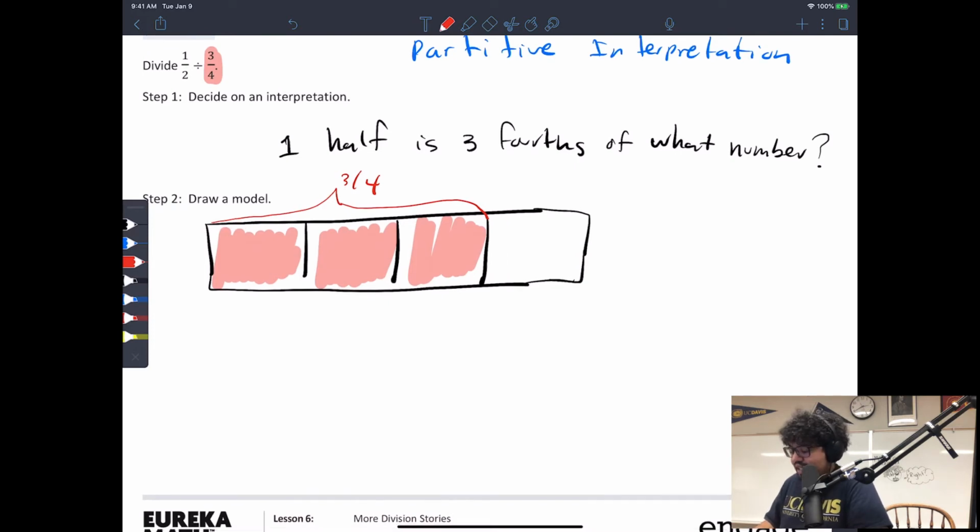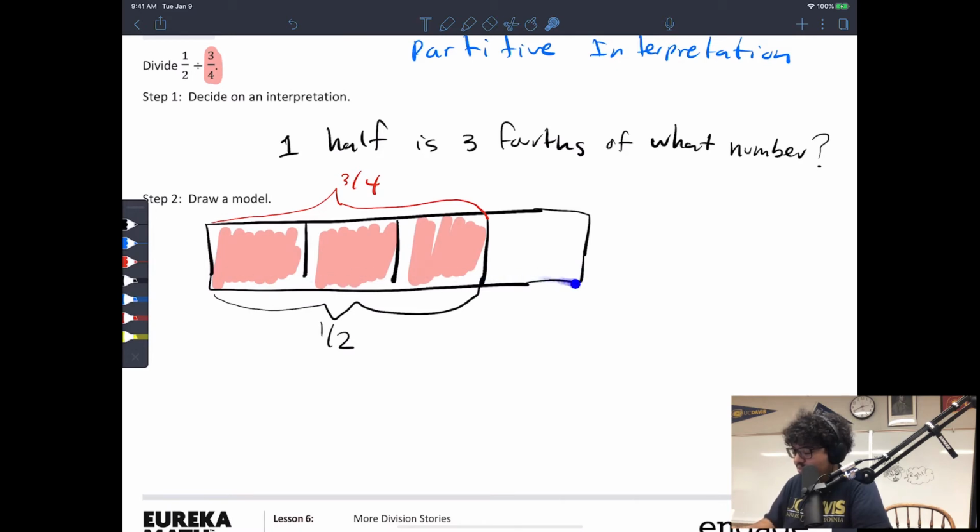So I'm saying that that has a value of 1/2. We're saying those 3/4 are 1/2. So the whole shaded part, all three of them, have a value of 1/2. And so that 1/2 represents 3/4 of what number?